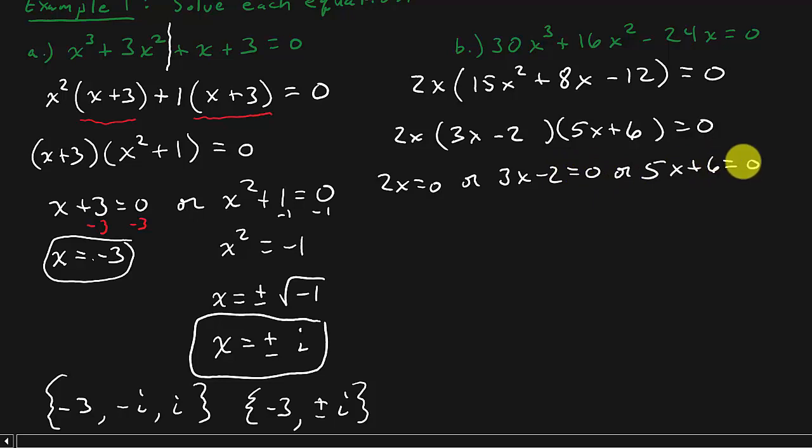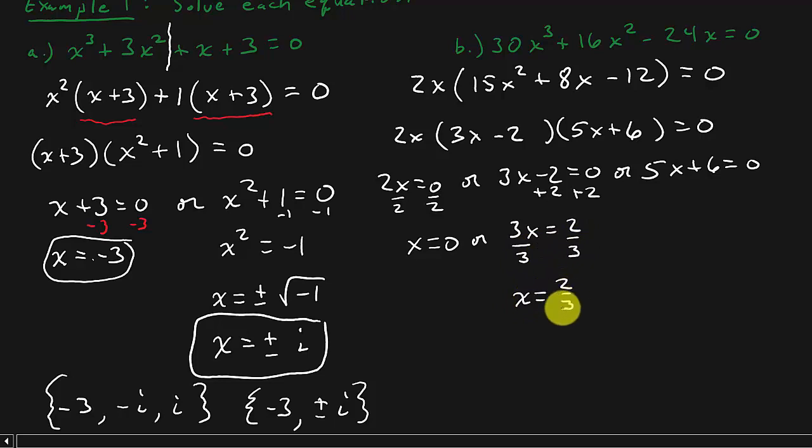All right, so here I'll divide both sides by 2. I get x equals 0. Here we'll add 2, so I get 3x equals 2. Divide both sides by 3. I get x equals 2/3.